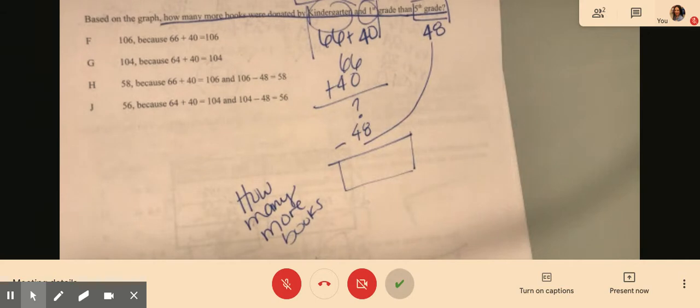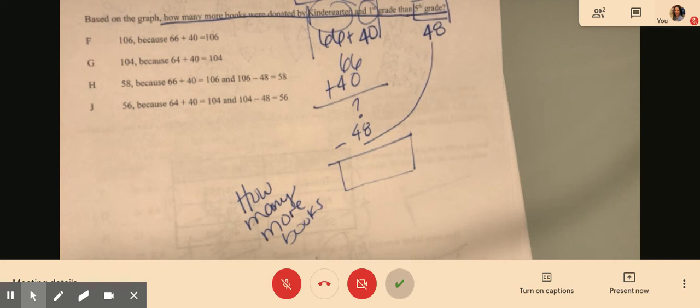So is it 106 because 66 plus 40 equals 106? Is it 104 because 64 plus 40 equals 104? Is it 58 because 66 plus 40 equals 106 and 106 minus 48 equals 58?